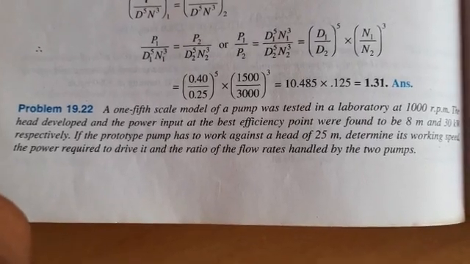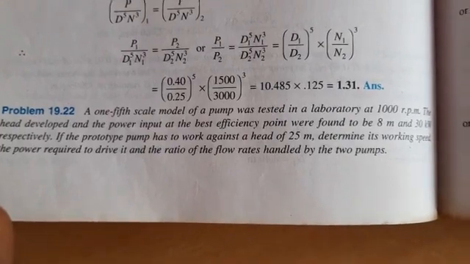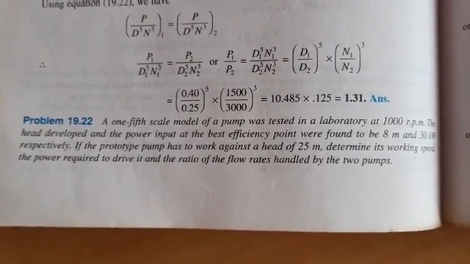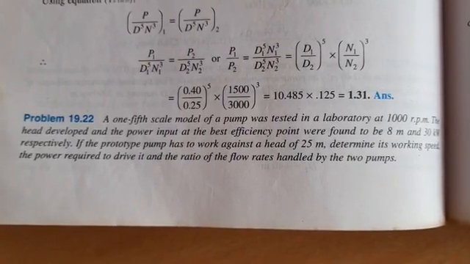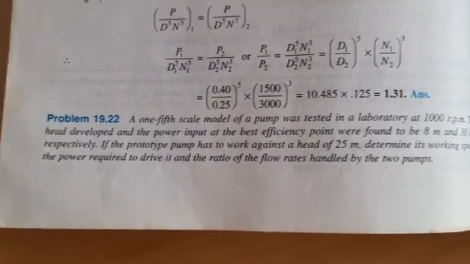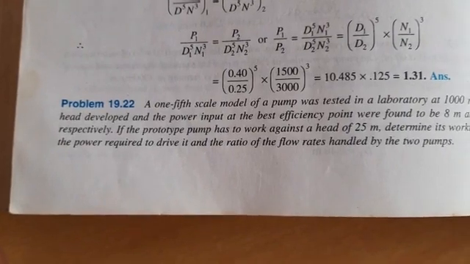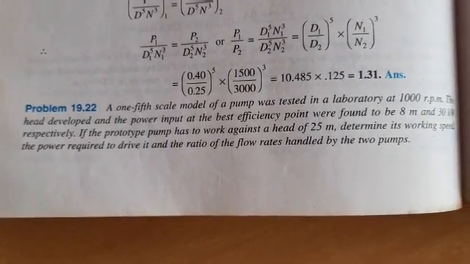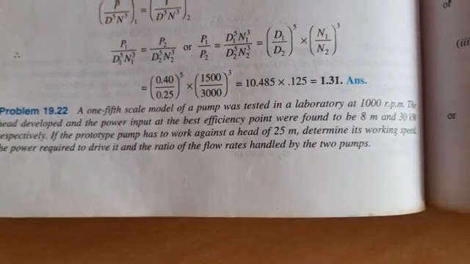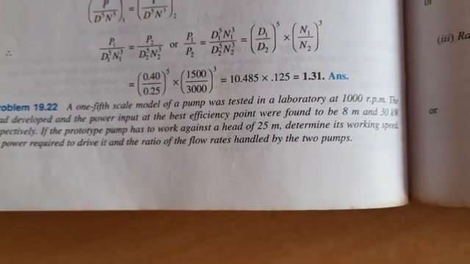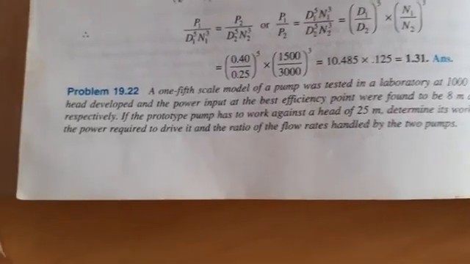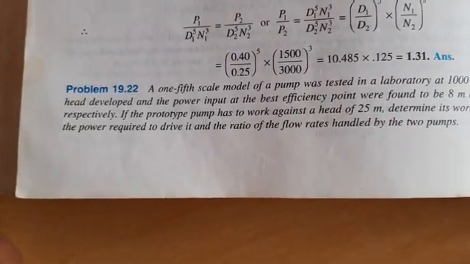Next question. A 1/5 scale model of pump was tested in a laboratory at 1000 rpm. The head development and the power input at the best efficiency point were found to be 8 meter and 30 kilowatt respectively.